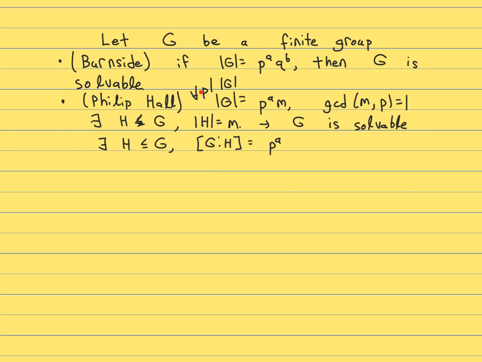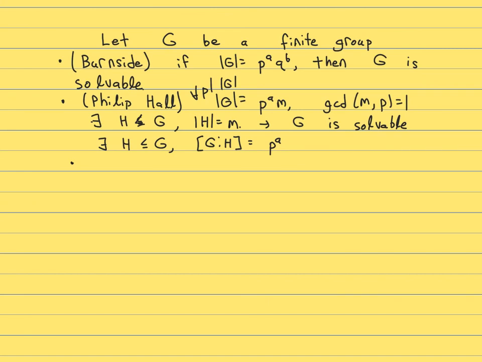Notice that Burnside's theorem technically follows from Philip Hall's theorem because you've only got 2 primes to consider, and in both cases H would actually be the Sylow subgroup corresponding to the other prime. And so these conditions are satisfied, and so the conclusion is that G is solvable. The reason why we always state them separately is because the proof of Philip Hall's theorem actually requires you to use Burnside's theorem, and no one has a proof that avoids it.